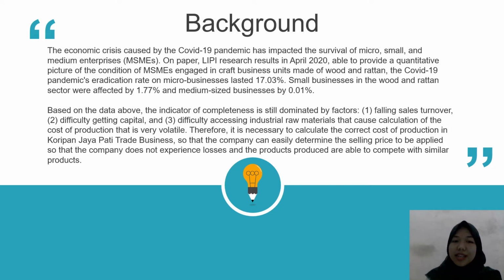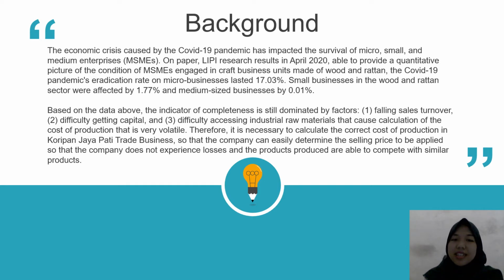Based on the data above, the indicators are still dominated by three factors: 1. Falling sales turnover, 2. Difficulty getting capital, and 3. Difficulty accessing industrial raw materials, which causes the calculation of the cost of production to be very volatile.